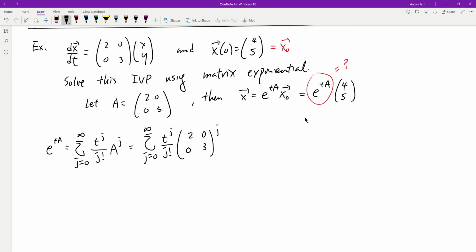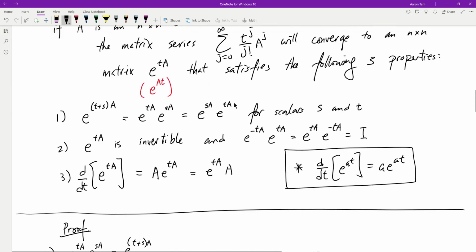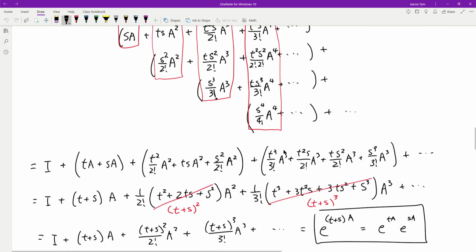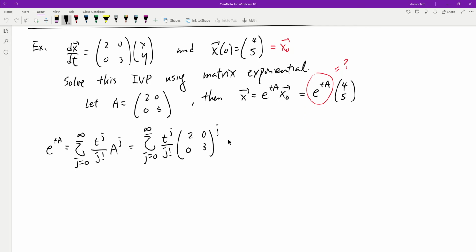Based on what we learned up here in our example, let's look it up. A to the j power is just 2 to the j, 0, 0, 3 to the j. That's important for us to move forward. So let's use that. That equals the summation j from 0 to infinity of t to the j over j factorial times 2 to the j, 0, 0, 3 to the j.